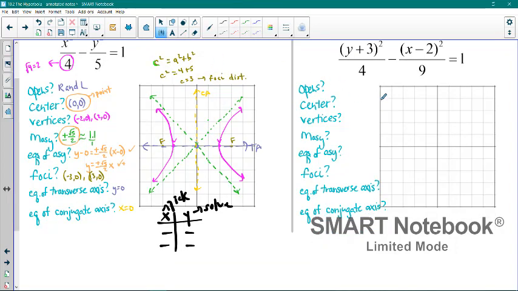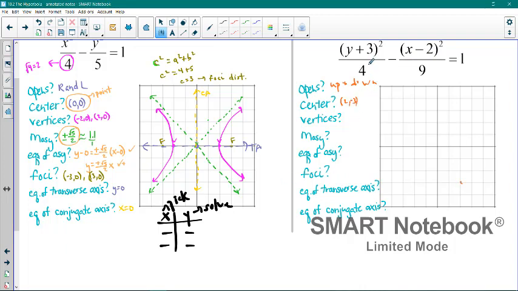All right, next example. Y is first. That means this opens up and down. The center, I've got an H and a K this time, but be careful, H is always with X. So my center is at 2, -3.